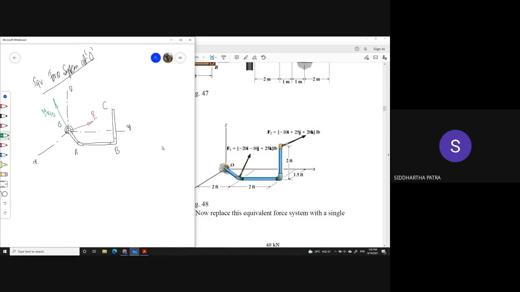So try to find out the expression for R and the resultant moment with respect to O.